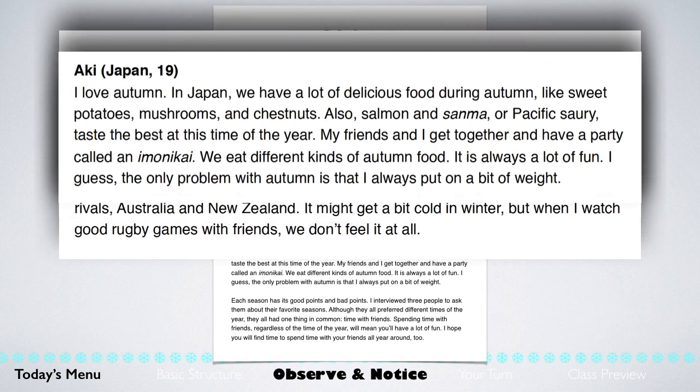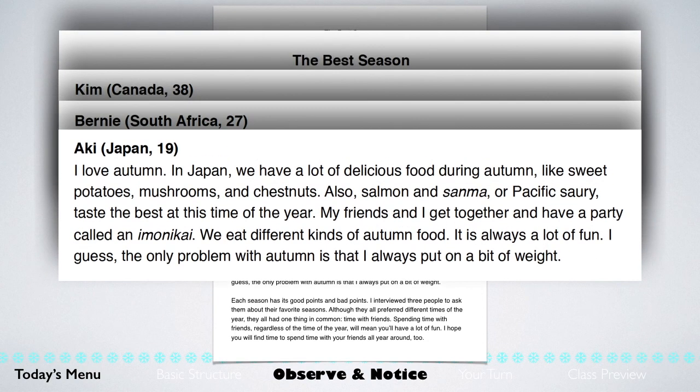Then the third paragraph, by Aki, who again could be male or female, shows that autumn is a favorite season in Japan, at least for Aki. Once again, we see some examples and a bit of a story, but the finer details of numbers are missing, and that is okay, because we are just reporting on the most important parts.